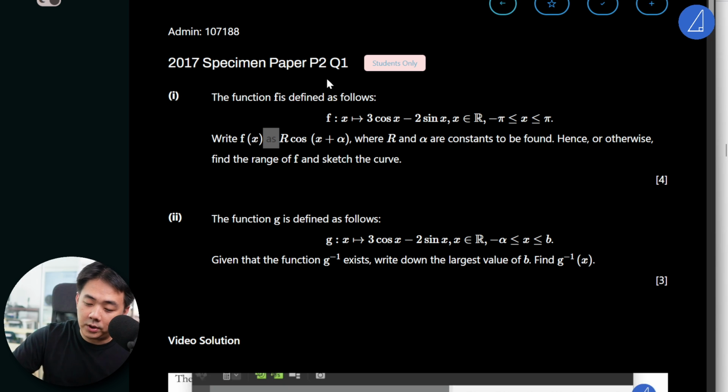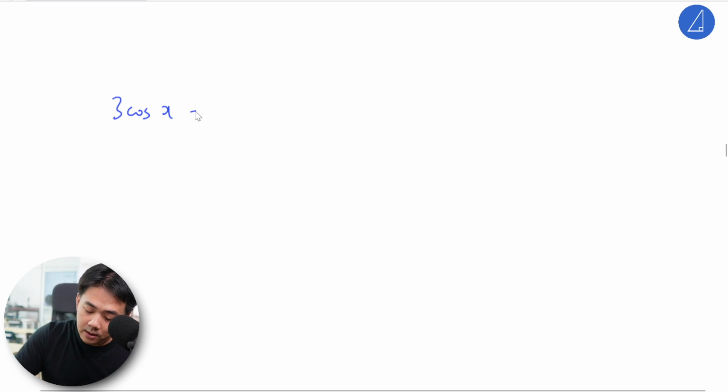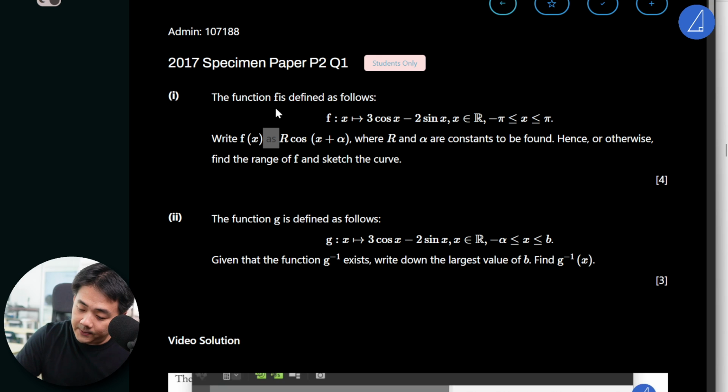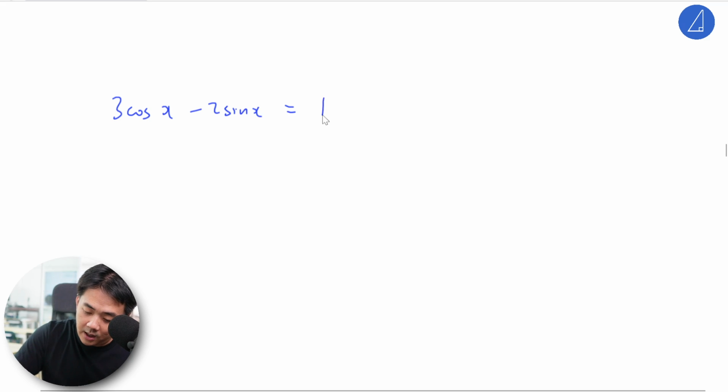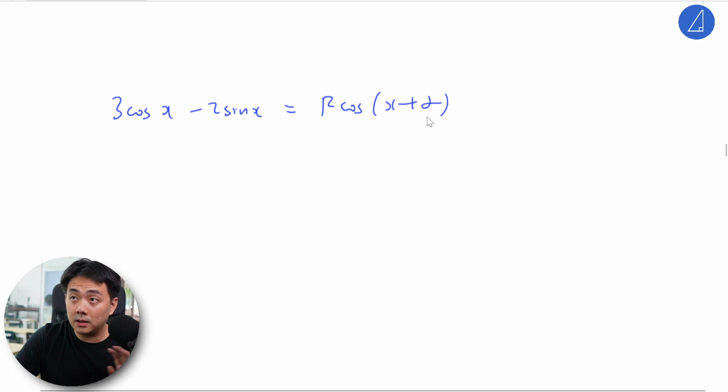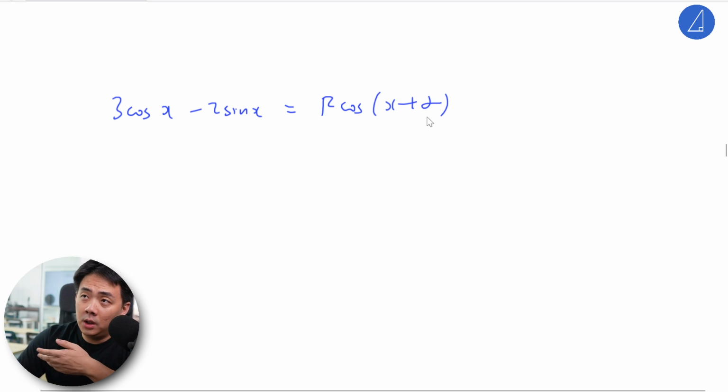You can Google search this question. This is in the question bank. They'll say express in this form. So this already has R cos(x + alpha). Then what you need to do is, if you've forgotten the formula, it's not an issue.